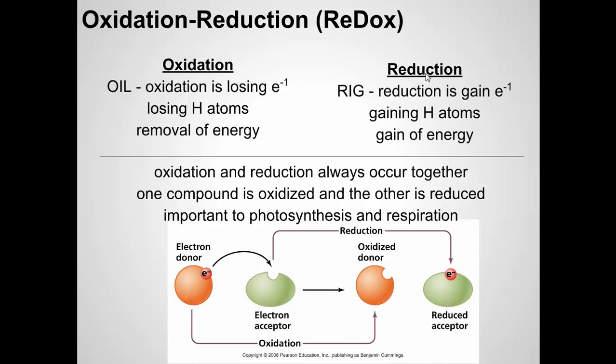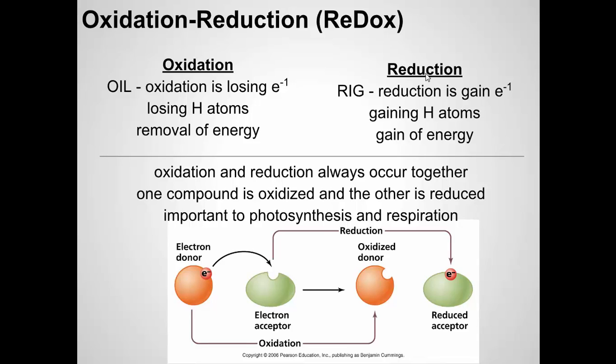So the way that a lot of times people remember what these reactions are is by remembering the word OIL RIG. When we say a molecule is oxidized, if you remember the word OIL, oxidation is losing an electron. Reduction is gaining an electron. So if a molecule loses an electron, we say that it's been oxidized.